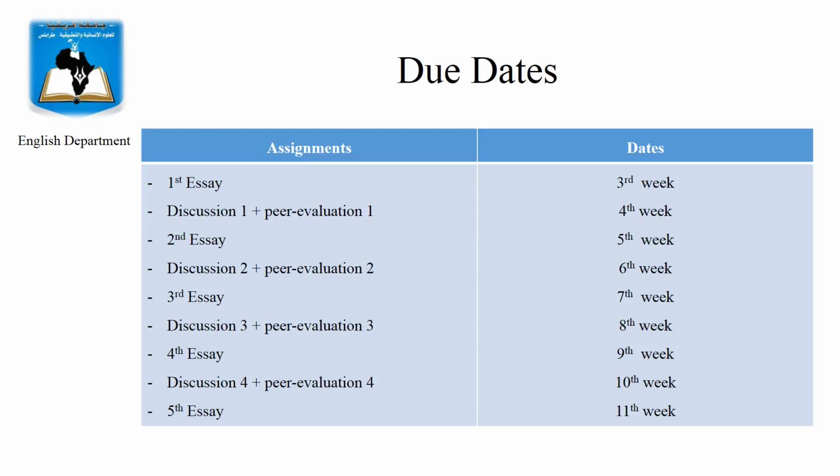In the fourth week there's going to be a discussion, and this is discussion number 1. In this discussion you as students and as peers will evaluate each other's essays, so we have peer evaluation and a discussion, and these will be in the discussion zone where we are going to participate, and I'm going to observe your evaluation and discussion.